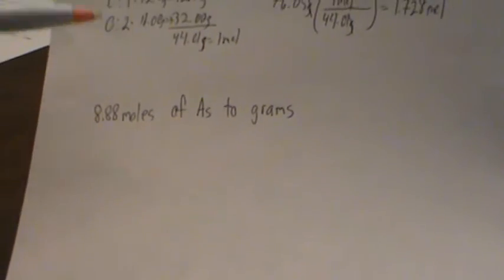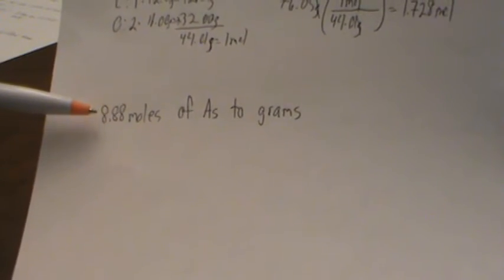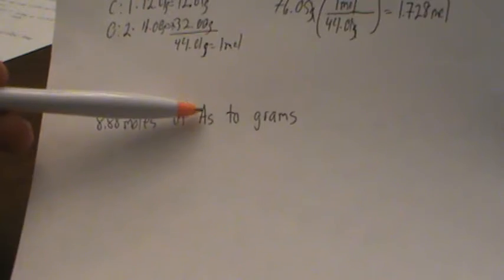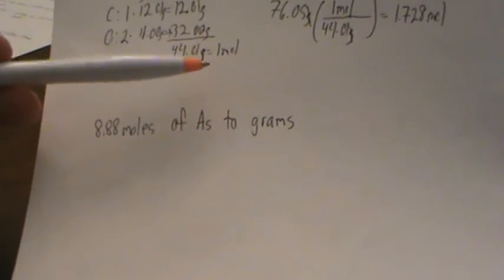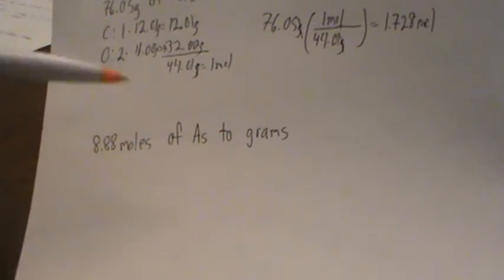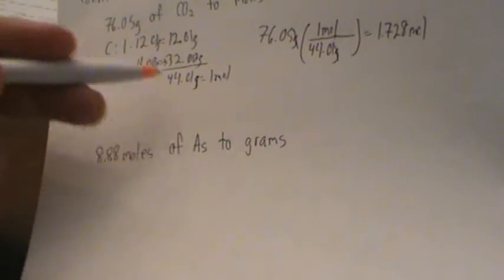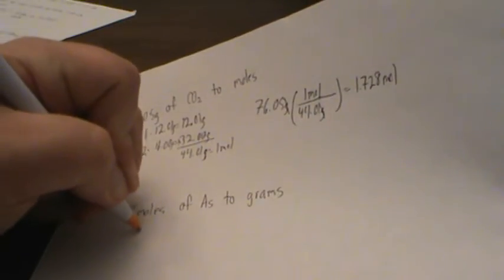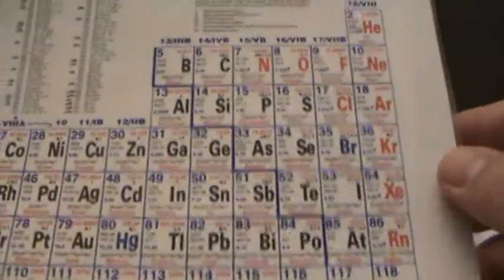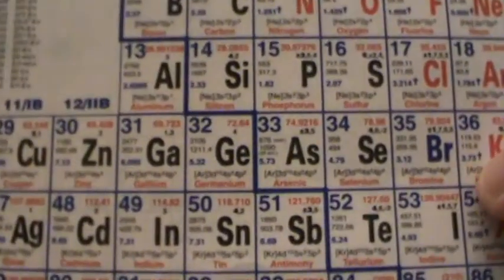Let's look at this next one. So we're converting 8.88 moles of As, which is arsenic, to grams. So once again, since we have grams, we've got to find the mass of our substance, arsenic. This is a pretty easy one because all we have to do is look at the periodic table and find arsenic.